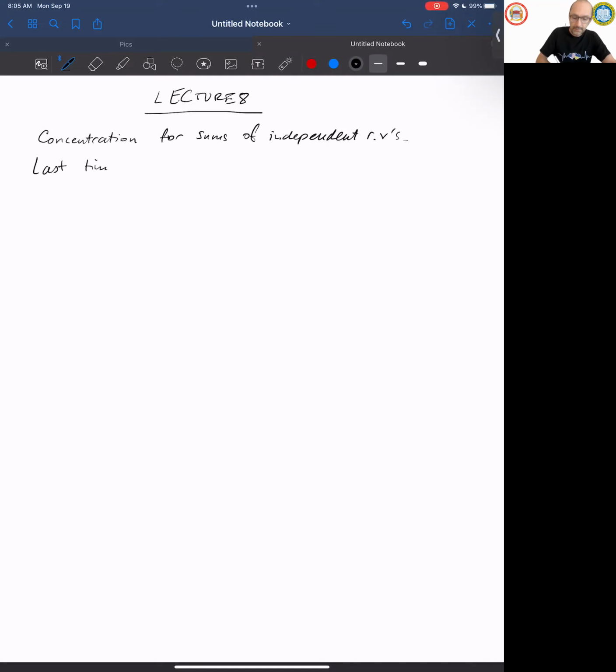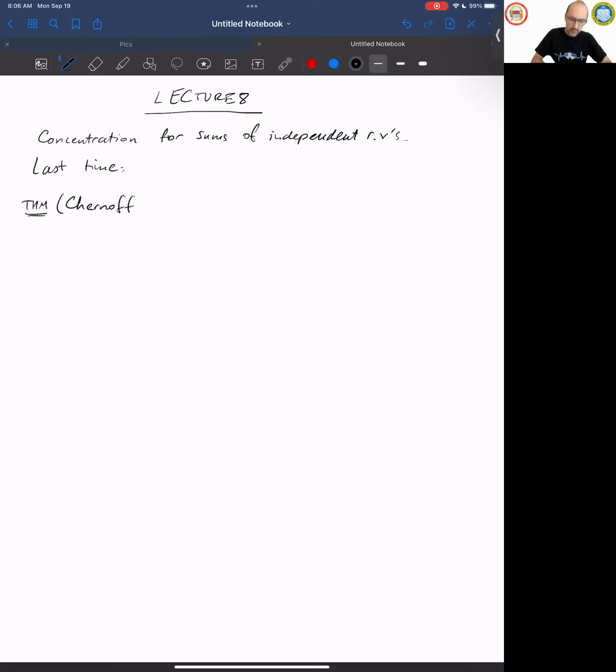And the last time we proved a state of the art, very powerful, basically optimal inequality for sums of Bernoulli random variables. That's probably all you will ever need if in your future career you have a problem about counting different events and you want to see concentration. Chernoff's inequality is the most powerful one.